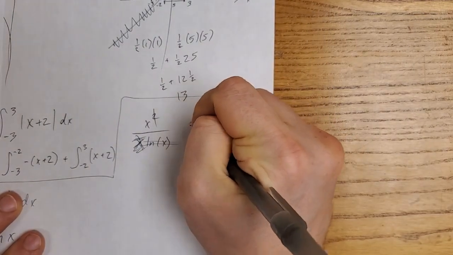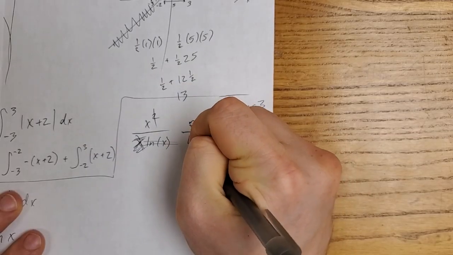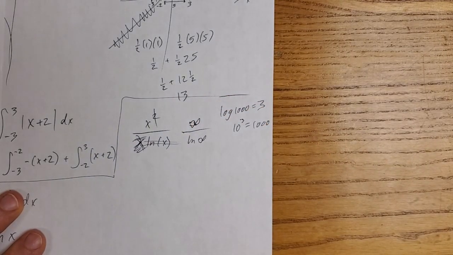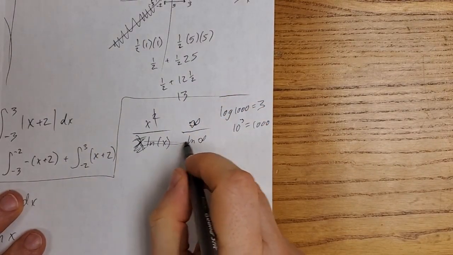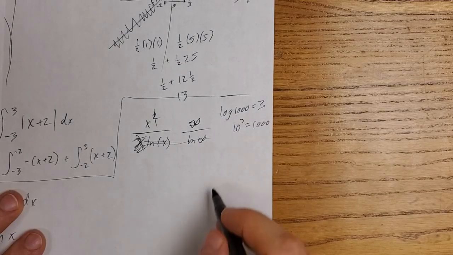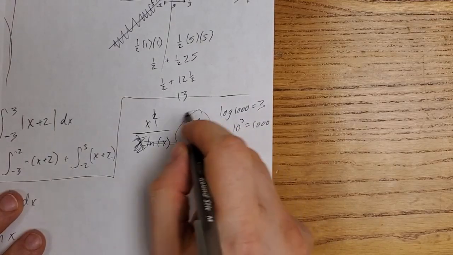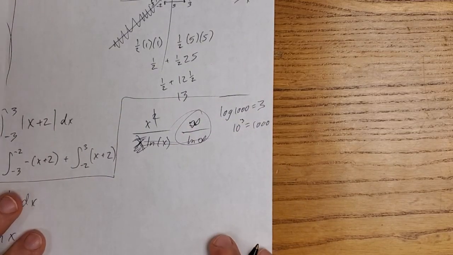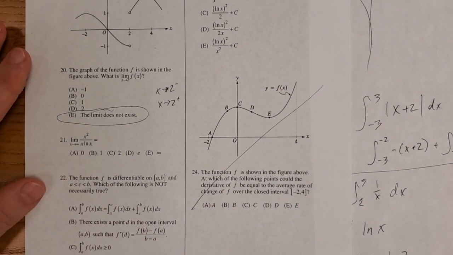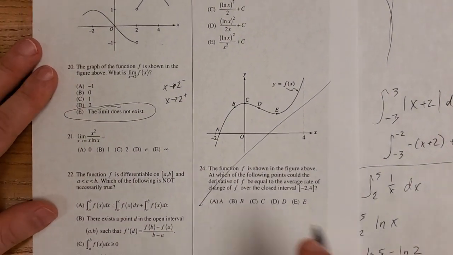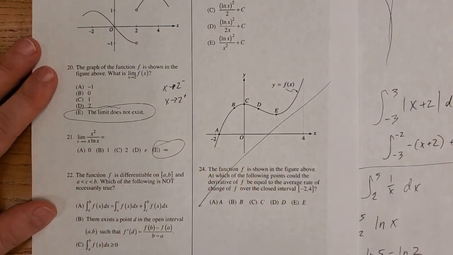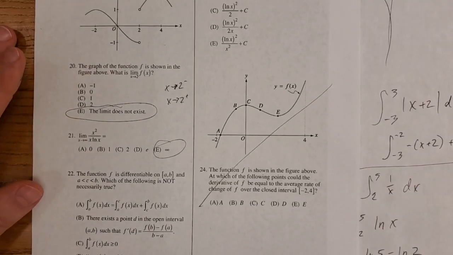We can say infinity over the natural log of infinity, and the natural log of infinity is going to be pretty small. So that just basically leaves us with infinity by itself. And that is indeed the answer, selection E, infinity.